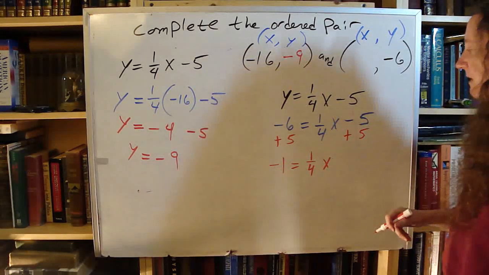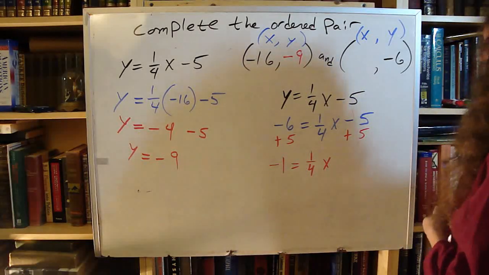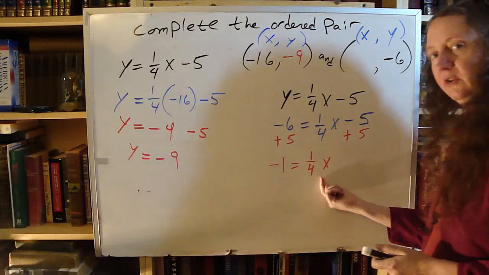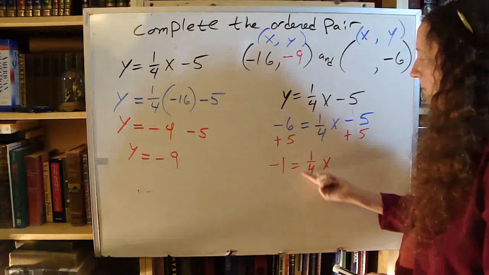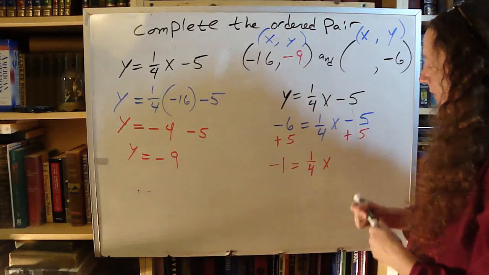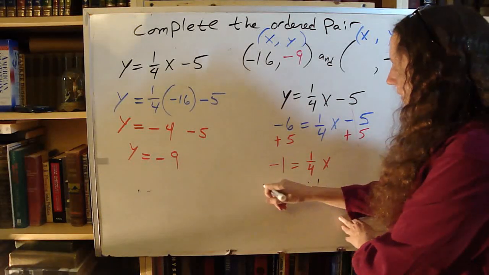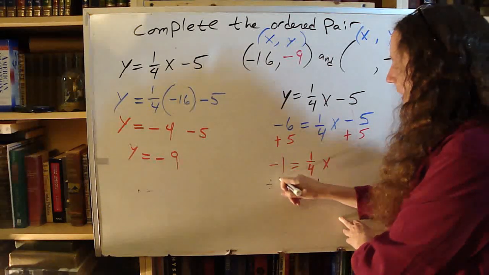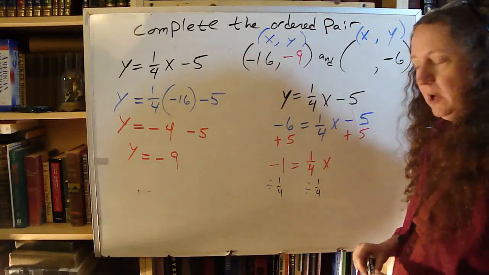Minus 5 plus 5 cancels out. X is not yet alone. It's being multiplied by 1/4. So if you're using your calculator, you would then type in divide by 1/4. Negative 1 divide by 1/4. And you get your answer that way.